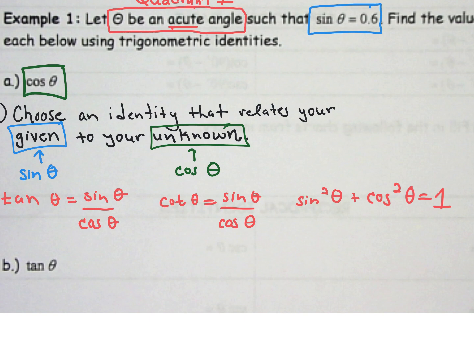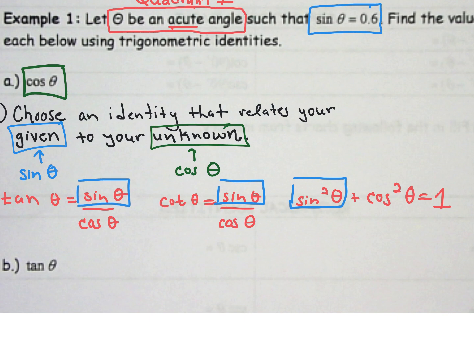So if you take a look, what we're going to do is fill in what we know, which is the sine is 0.6, and we're going to see which of these equations is the easiest to solve. So I'm going to go ahead, use my erasing tool. I know that the sine is 0.6, so I'm going to replace sine with 0.6. In this case, it's going to have to be 0.6 squared anywhere I see sine squared.